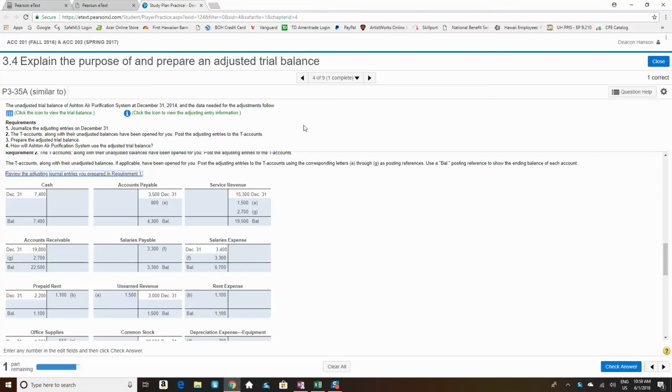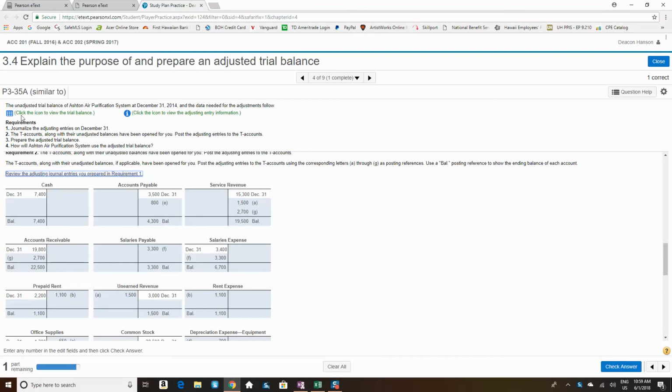But in this case, it's going to be an adjusted trial balance because the adjusting entries have been considered in the balance of each account. Take accounts payable, for instance. There's an adjusting entry E that affected accounts payable. Well, when we come up with the new balance of 4,300, that's taking that adjusting entry into consideration.